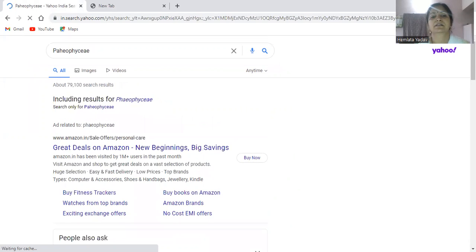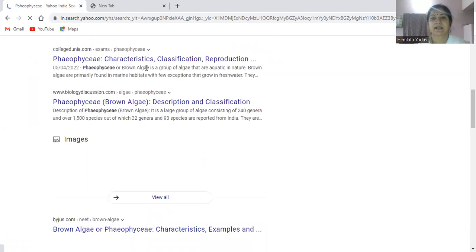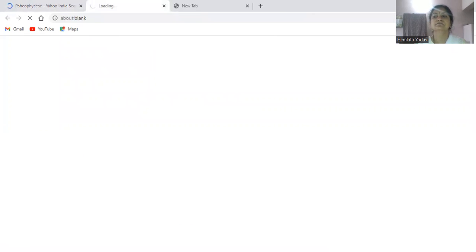It is a member of brown algae. This is the second division of the Thallophyta, Phaeophyceae.